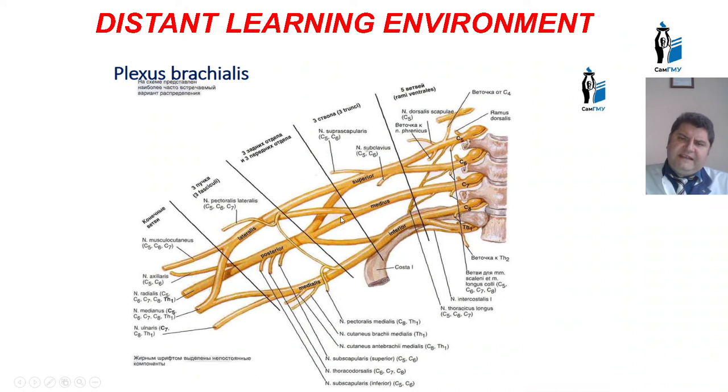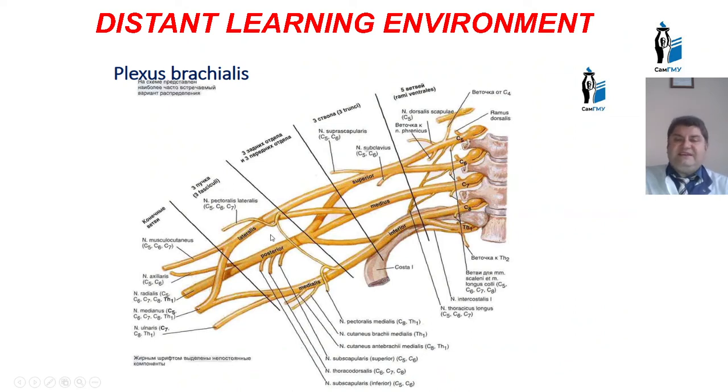And you may see that anterior divisions form the lateral fasciculus and medial fasciculus, and also the branches from the superior, inferior, and middle divisions and trunks form the posterior fasciculus.